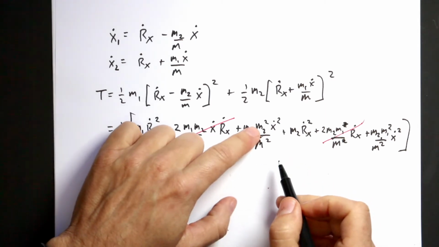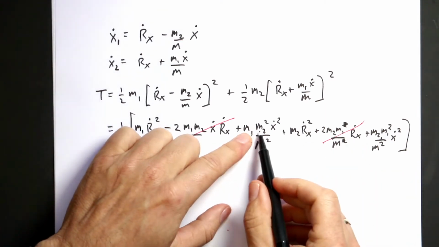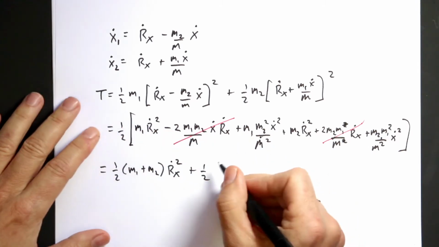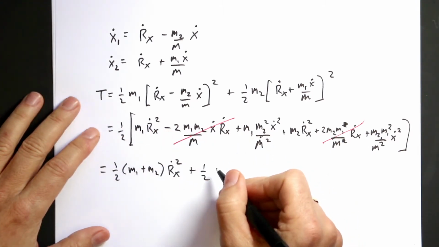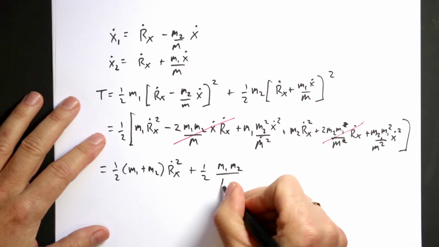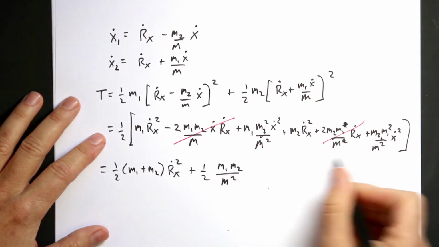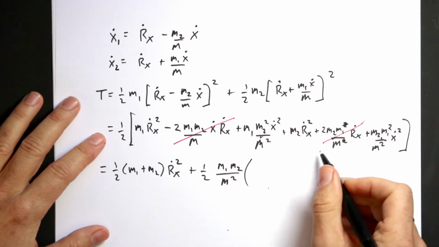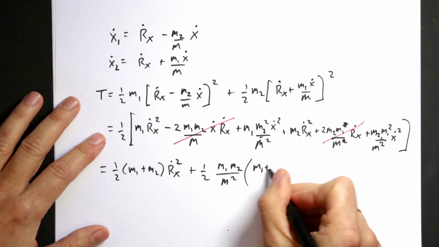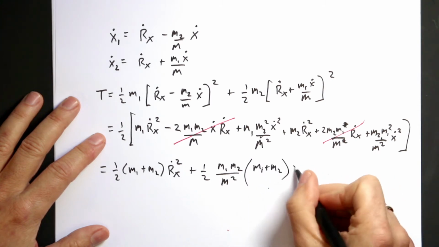Now both terms have an m1 m2 over m squared, right? So this is going to be m1 m2 over m squared. I factor that out, and then I have left an m1 plus m2, and then I have x dot squared.